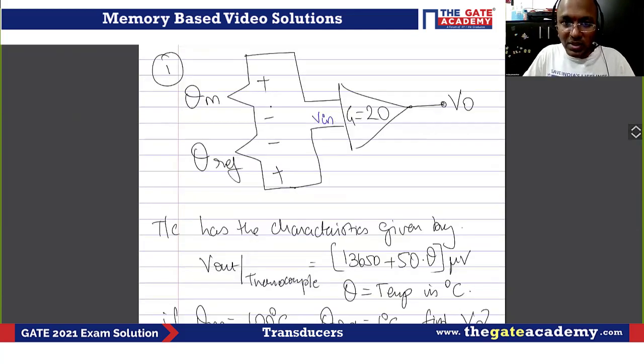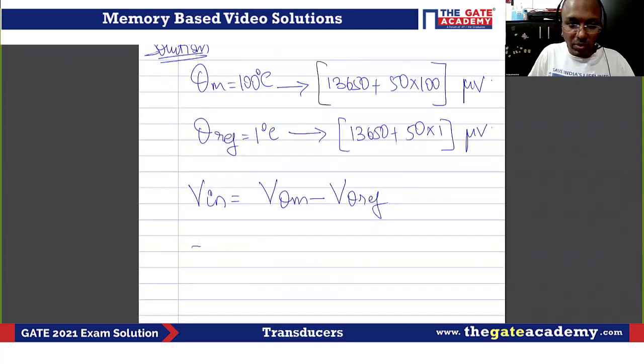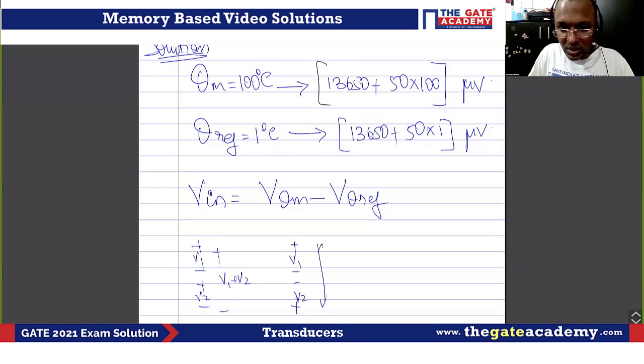The polarity is given to you in the problem itself. So it is plus minus, minus plus. So these two are not adding, these two are getting subtracted. If two voltages have to add, they should be connected like this, then only the voltage will add. If this is V1 and this is V2, you will say this is V1 plus V2. Suppose you have V1 here and V2 here, then the voltage here is V1 minus V2, correct? So that's what I'm writing. So V in is V theta m minus V theta ref.